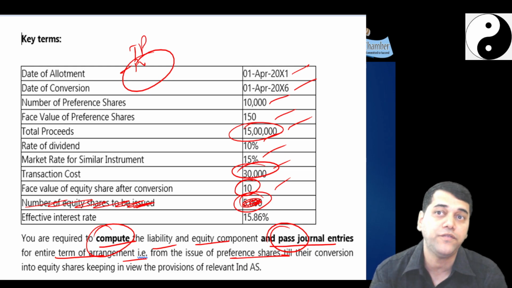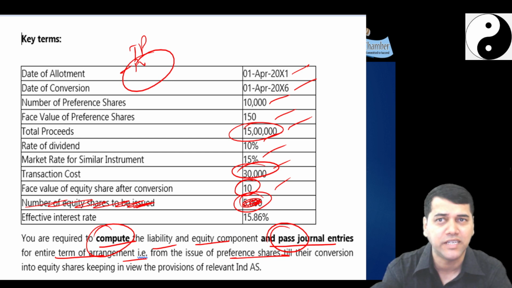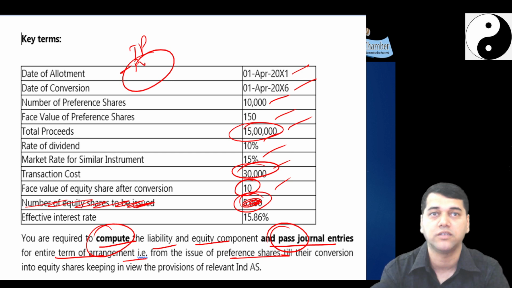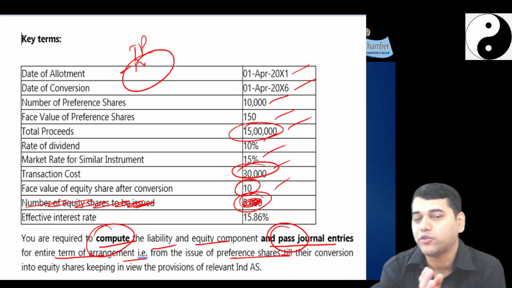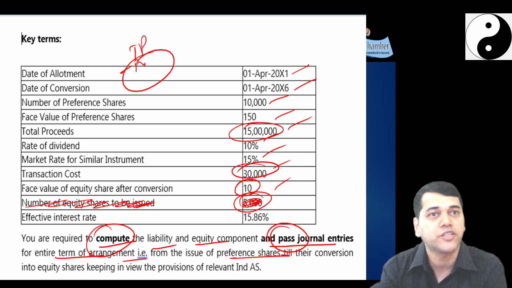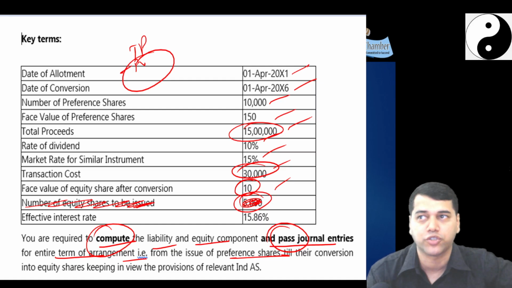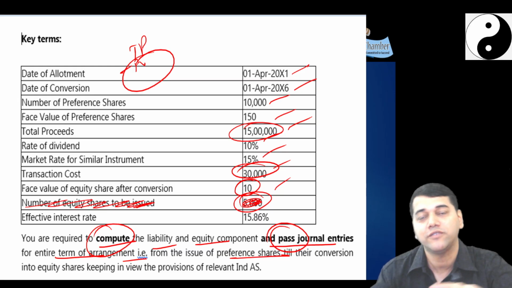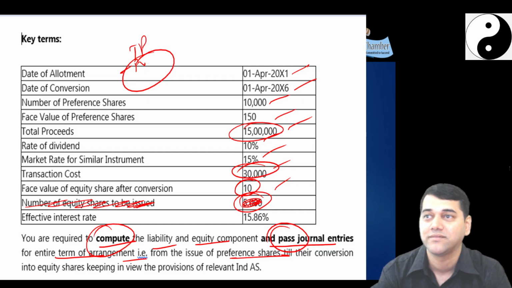Now tell me, which is the reasonable assumption? Because if somewhere they give the hint that it is variable conversion, then there is no question of assumption. But if the question is totally silent, what is your assumption? You should assume fixed for fixed, because theoretically there are questions, but practically there is not even one question where the fixed for fixed test fails for a compound instrument.